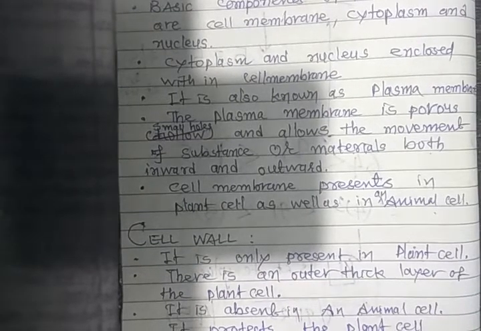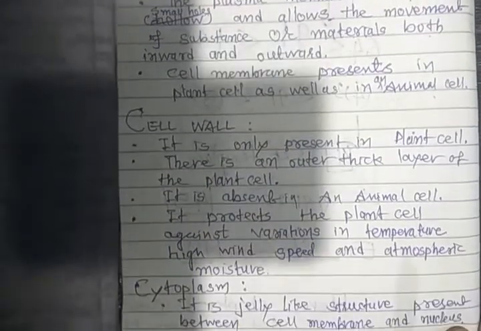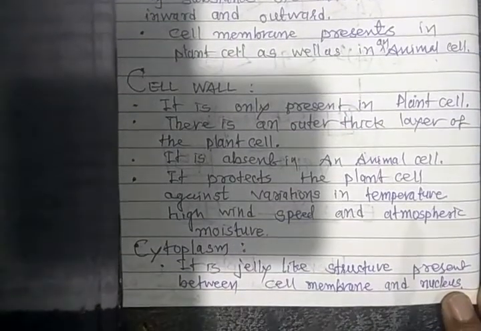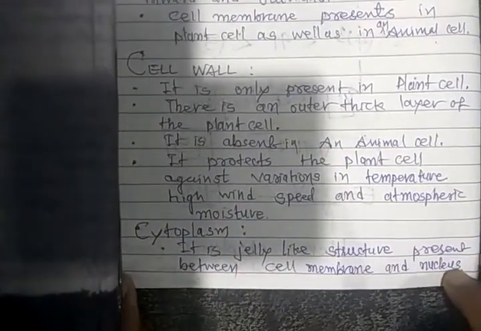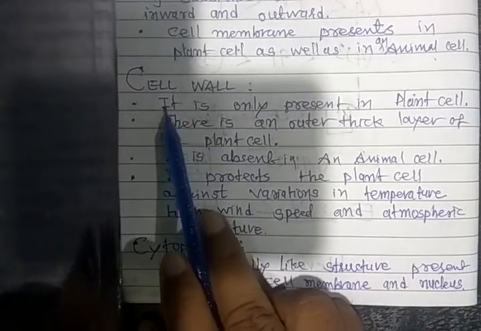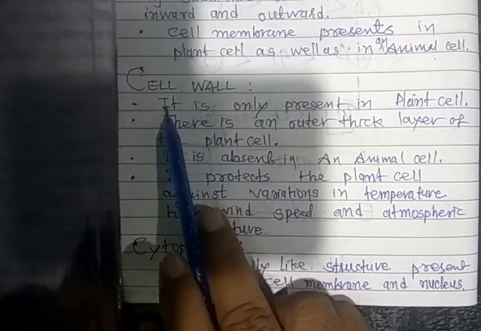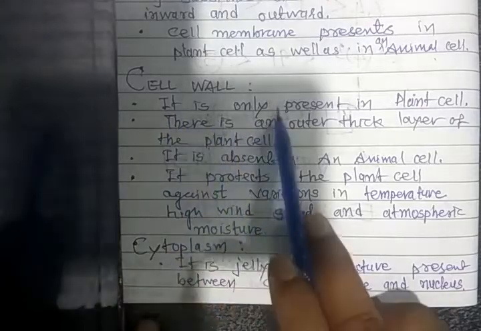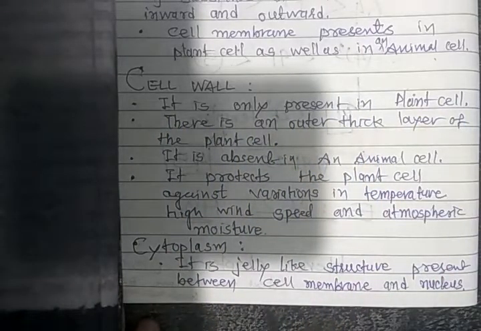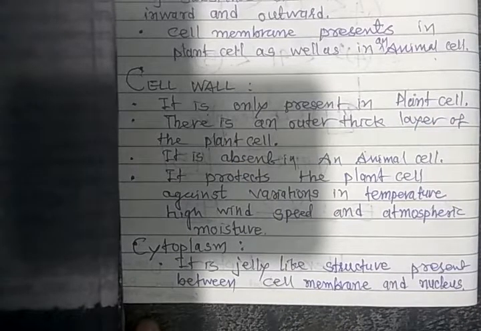Now the next organelle is the cell wall. This cell wall is only present in plant cells. In that onion cell, the boundary which is known as the cell wall is made up of cellulose and pectin.